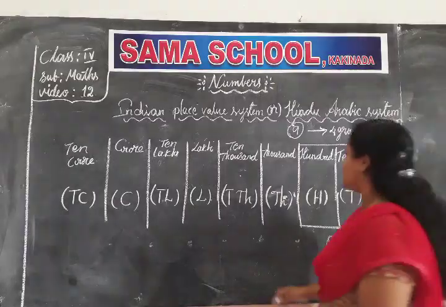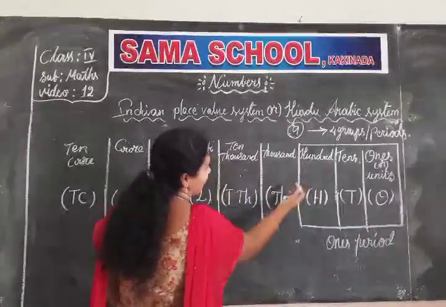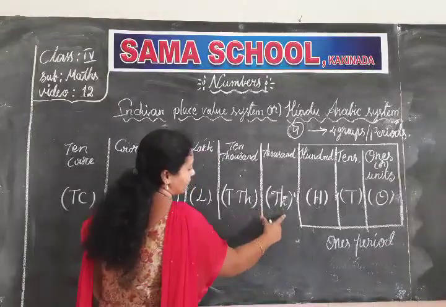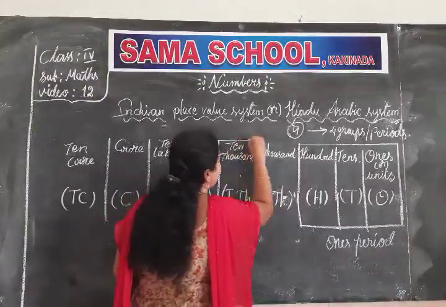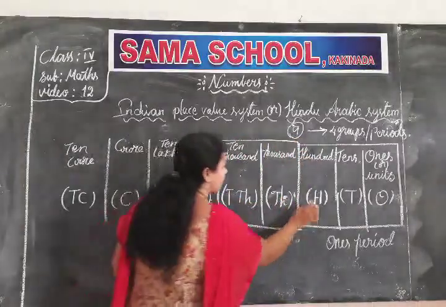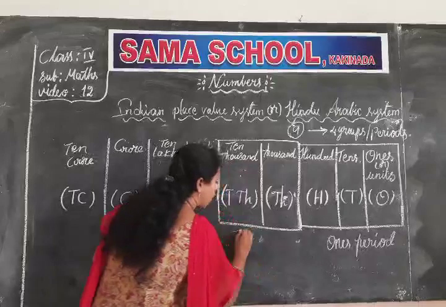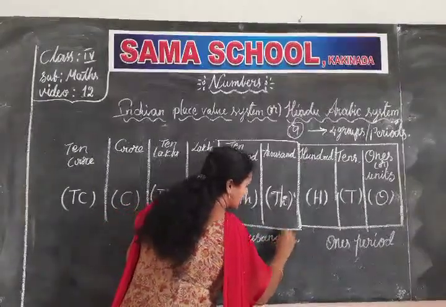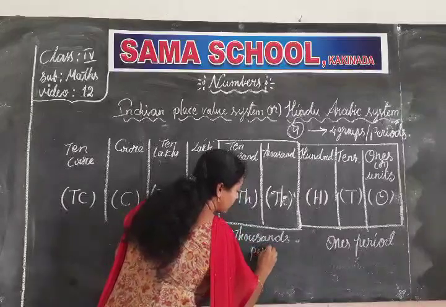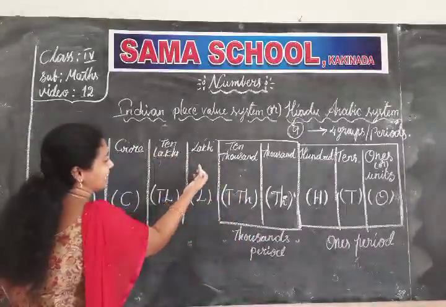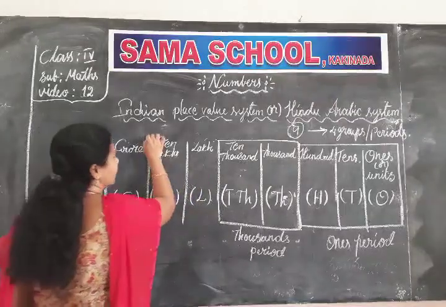Okay. Next, coming to here. What are the places after hundreds? Thousand and ten thousand. These 2 places come under the thousands period. Now, after that, lakh and ten lakh.